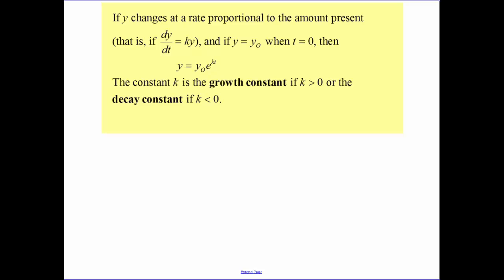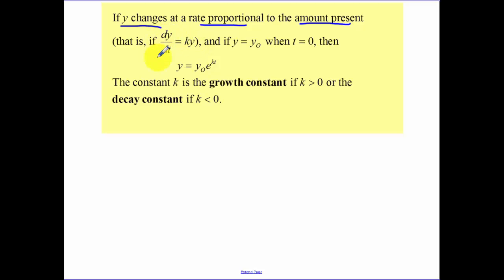Okay, if y changes at a rate, this is important. If y changes at a rate proportional to the amount present, so dy/dt, y is changing at a rate. That's a rate proportional, so that's k times y.